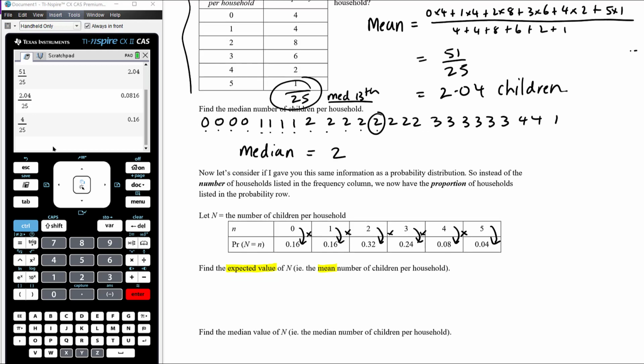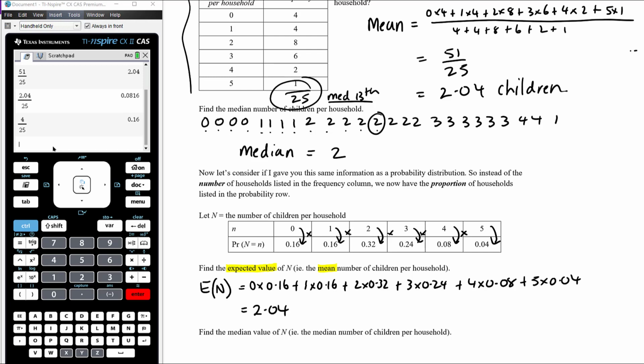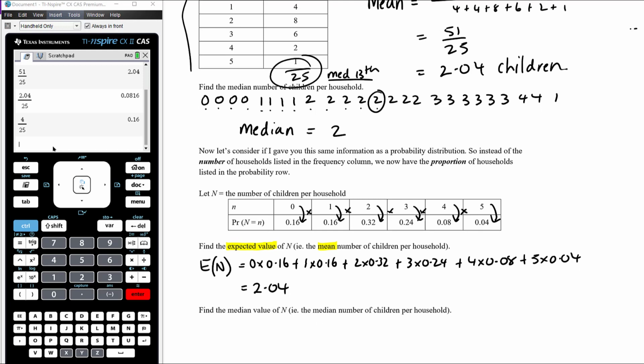So expected value of n, we write that as capital E of n, and that's going to be 0 times 0.16 plus 1 times 0.16 plus 2 times 0.32 plus 3 times 0.24 plus 4 times 0.08 plus 5 times 0.04, and it should still give us 2.04 because we haven't changed anything. It's the same data. So let's just check that.